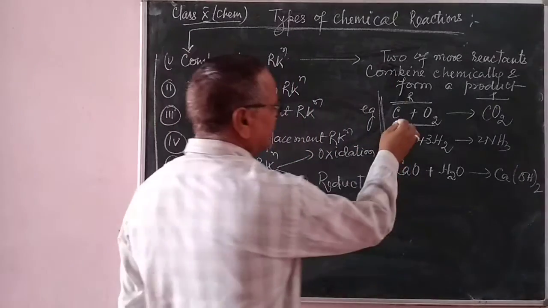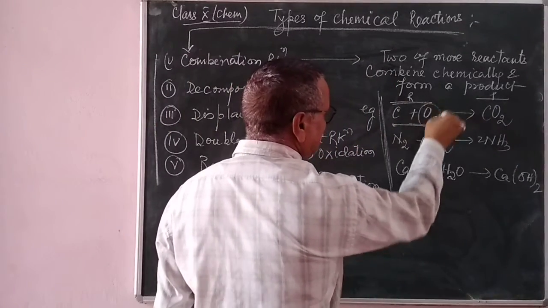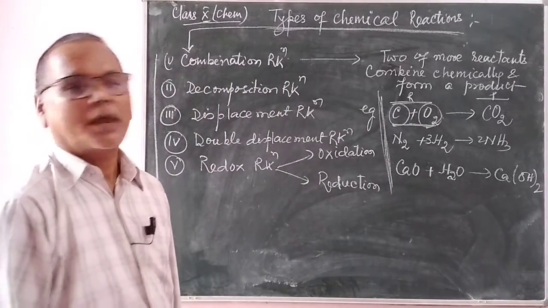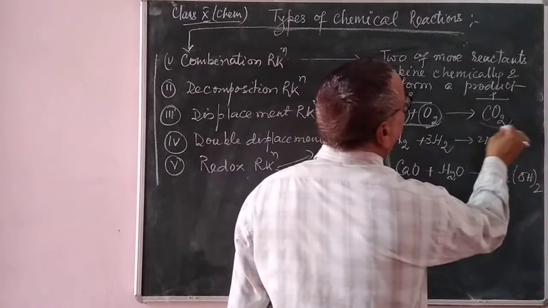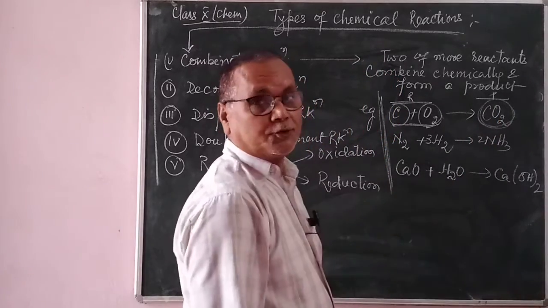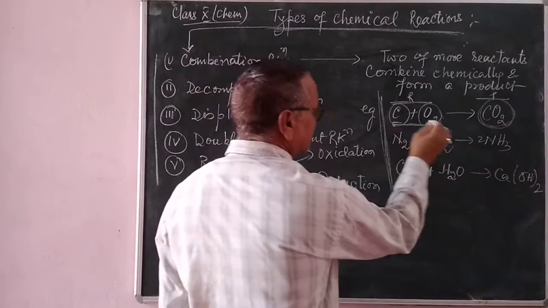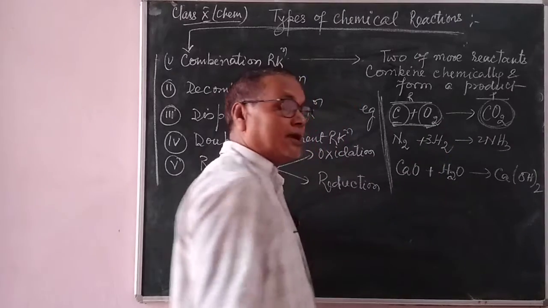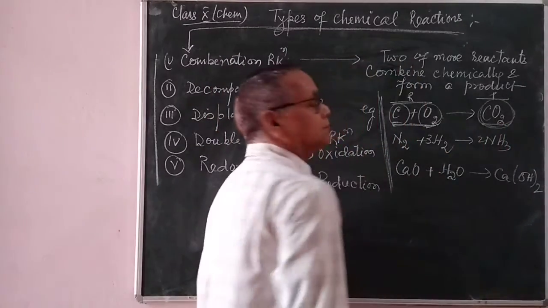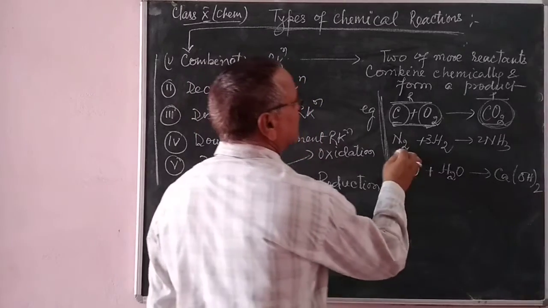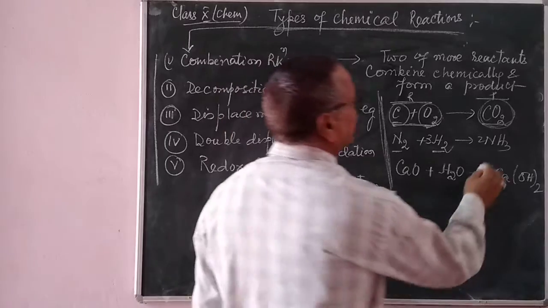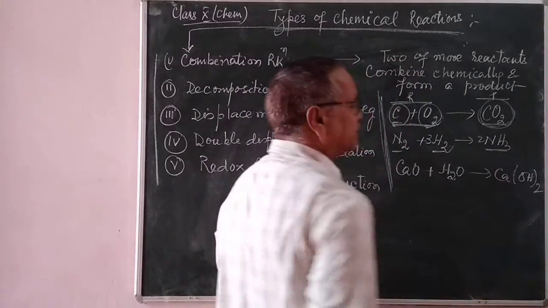See here, carbon and oxygen are two different reactants. These combine and form a new product, carbon dioxide. Here carbon chemically combines with oxygen and forms a product, as do nitrogen and hydrogen, which combine and form a product, ammonia.